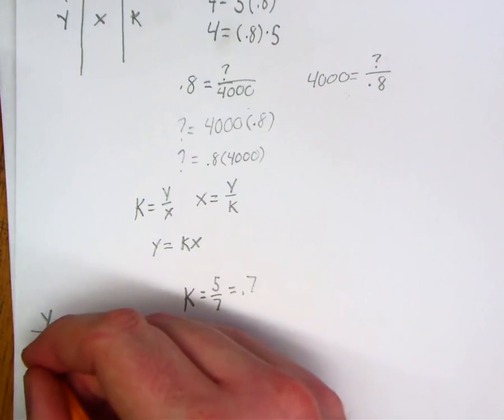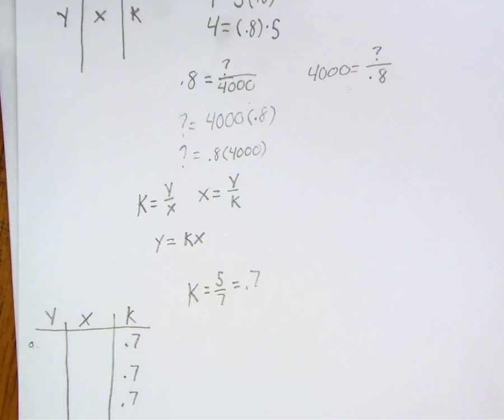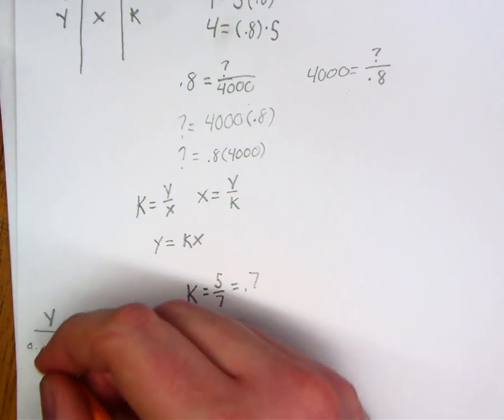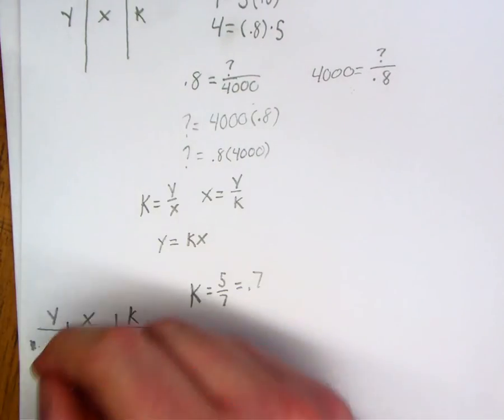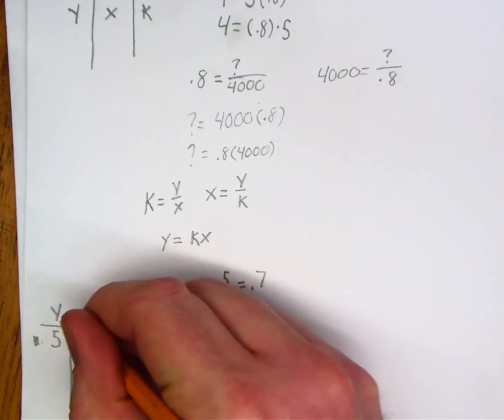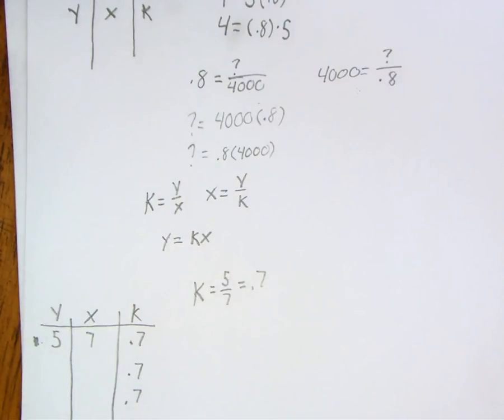For part A, it says 175 girls play sports. How many total girls are there? Okay, so let's think about that. Actually, first off, 5 and 7, they're going to go just like that.